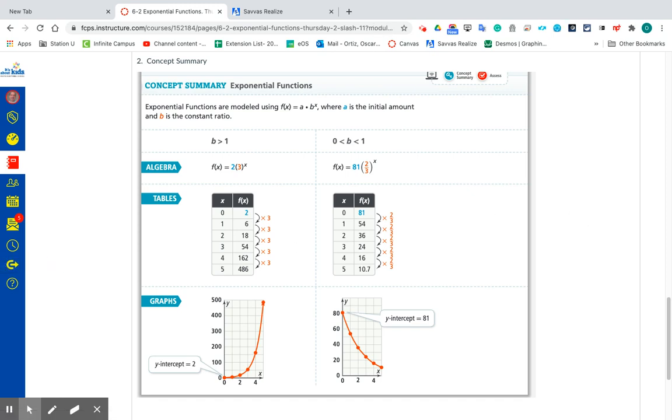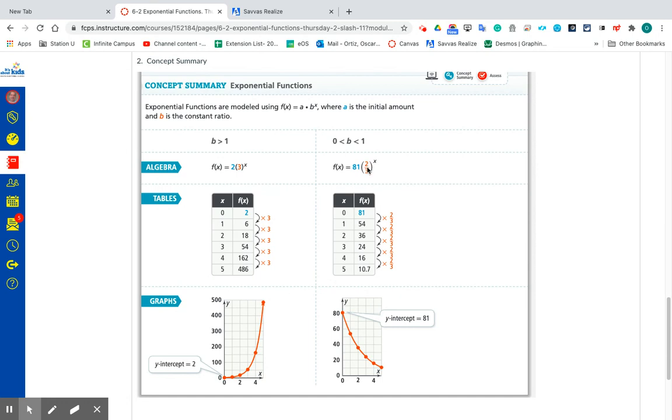So going back for a while to lesson 6-2, this is the concept summary, and we can see that if the number we decide we are multiplying by is greater than 1, my numbers will be increasing. So that means the graph from left to right will go up.